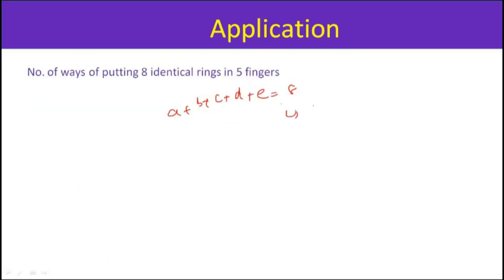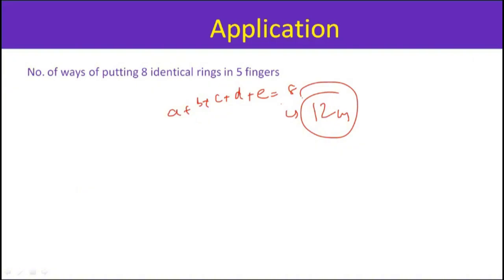My bad, sorry. In the last question there was a constraint that every finger should have at least one. Here there is no constraint. If there is no constraint, the answer has to be 12C4. Thanks for pointing out.